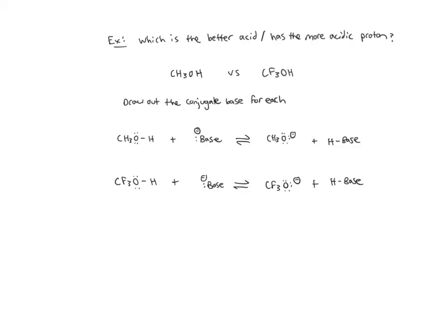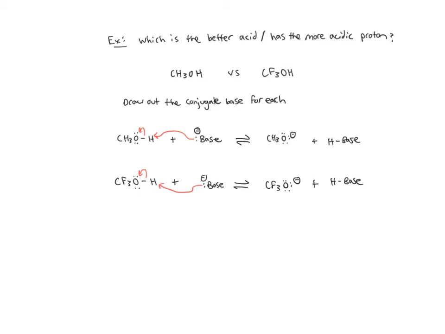So in this case, we're going to compare methanol with trifluoromethanol. The first thing we're going to do, just like we normally do, is draw out that mechanism to get that conjugate base. The reason for drawing out this mechanism, or at least thinking about it when you're drawing out the conjugate base, is that we want to realize that the electrons from the bond to the H are being dumped onto the oxygen, so we're dealing with a negative charge.